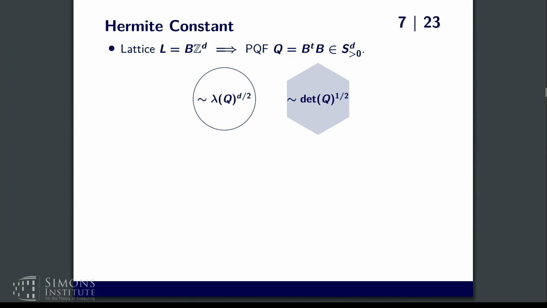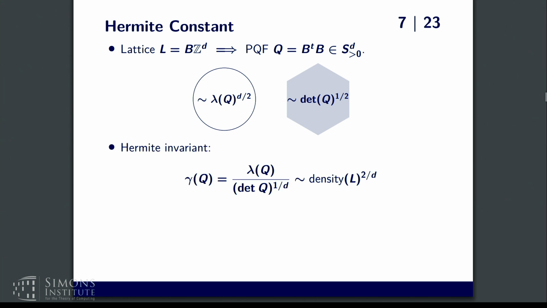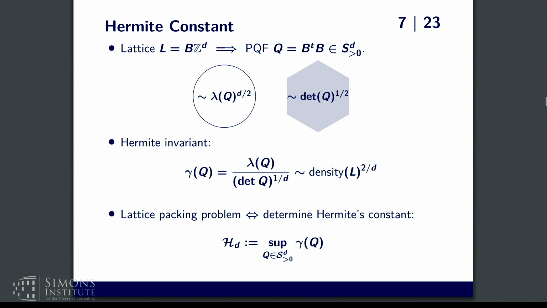The first one is proportional in some sense to this arithmetical minimum, and the second one is proportional to the determinant. We care about the ratio, and this is known as the Hermite invariant, and this is directly proportional to the density of the corresponding lattice. So instead of working with lattices and lattice packings, we just care about quadratic forms, and we try to maximize this ratio, and this is known as the Hermite constant.